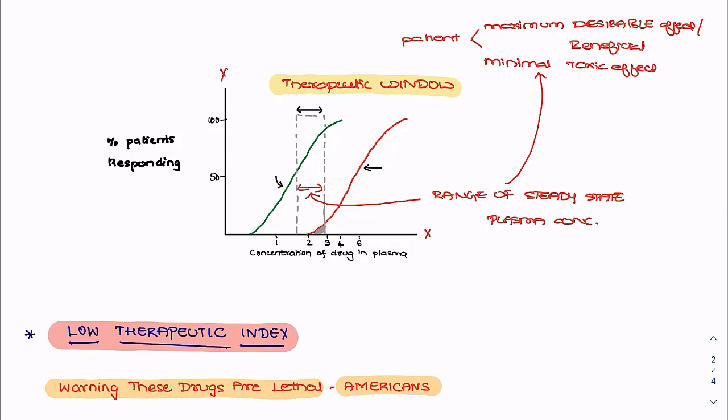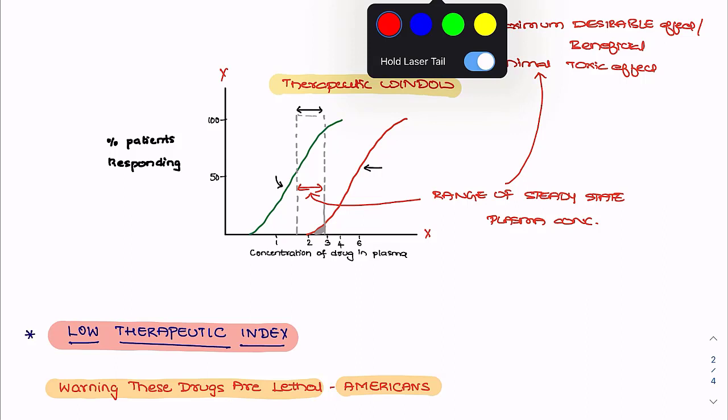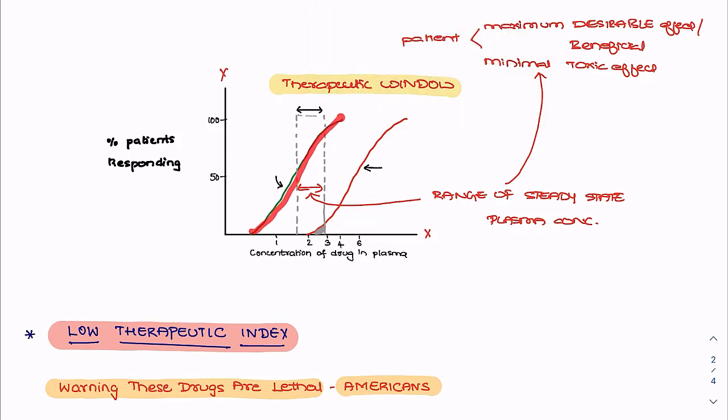This green line represents the therapeutic response, and the red line represents the toxic response. So please don't confuse it.